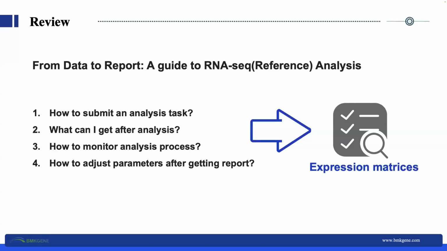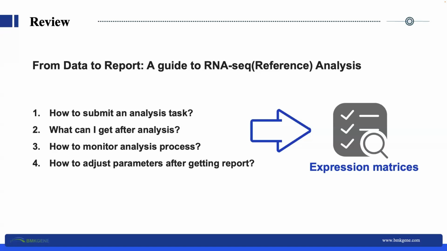In the first webinar, we talked about how to use BMK Cloud to get an analysis report. You can select your data already on BMK Cloud or upload your own data. Submit an analysis task. I introduced to you the overall content of the final report.